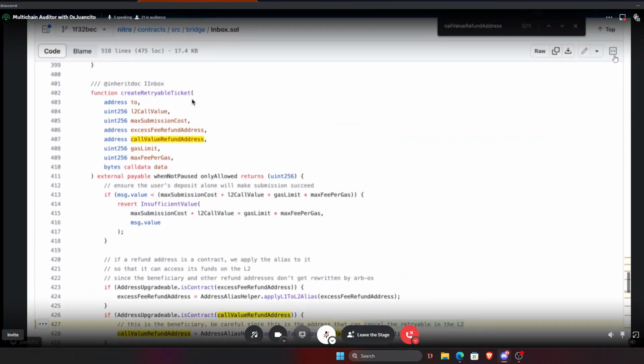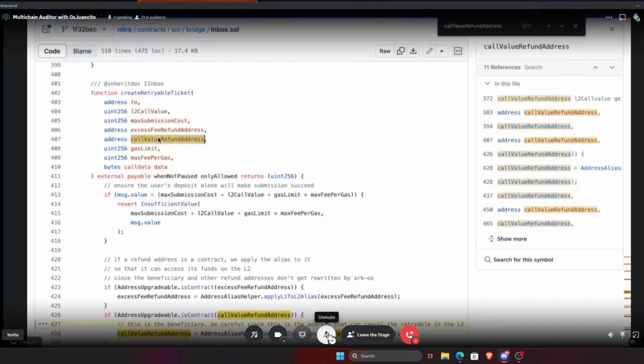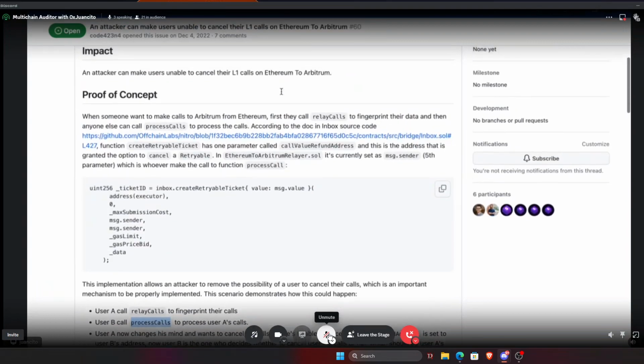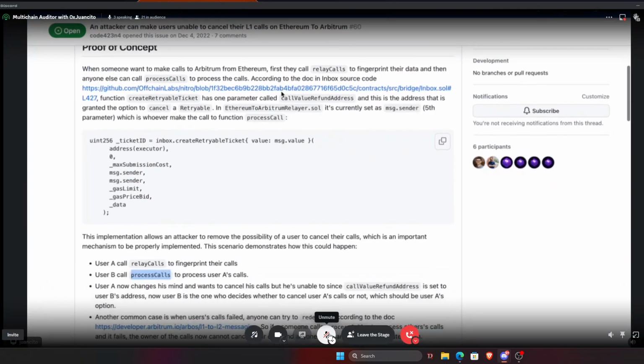That's because when they are relaying this message, they are creating this retryable ticket. This specific value, which is the 1, 2, 3, 4, 5, is here. So 1, 2, 3, 4, 5 is the message sender. So whoever calls this process calls will be the person who will be able to cancel the ticket.